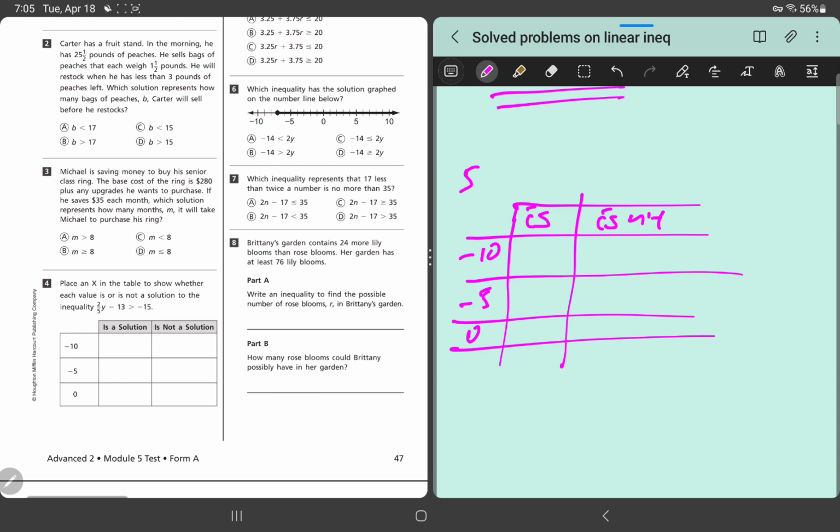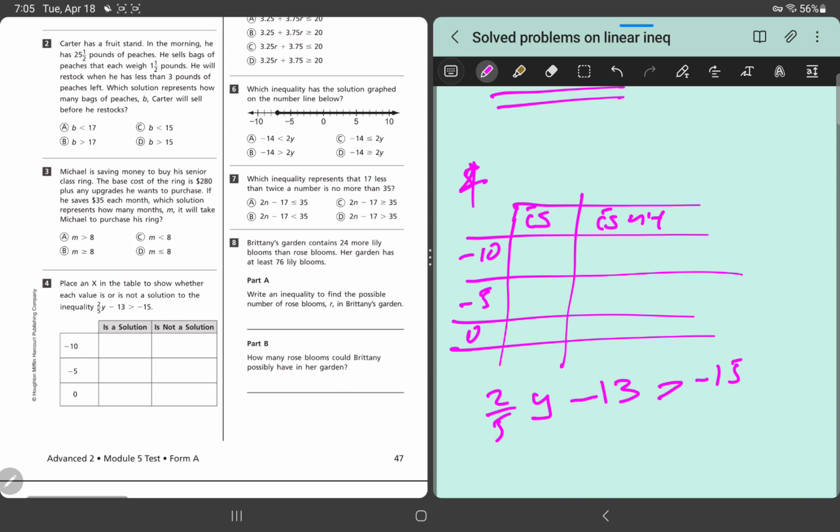So on number 4, we are given: place an x in the table showing if each value is or is not a solution for the inequality. This is 2 over 5 y minus 13 greater than minus 1/5.